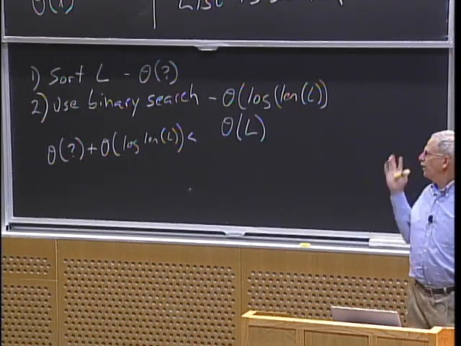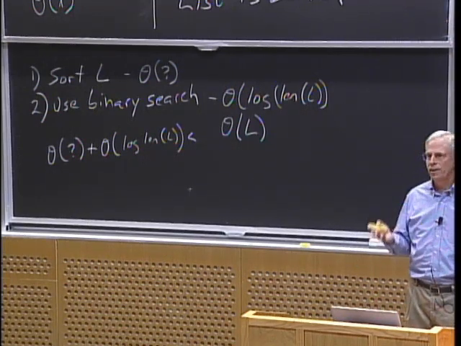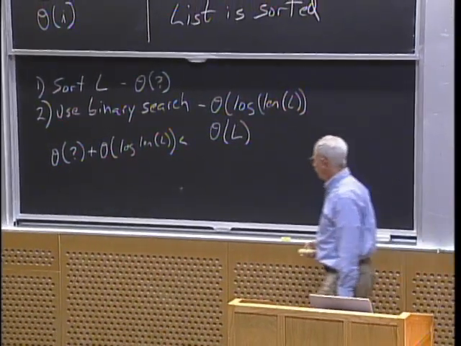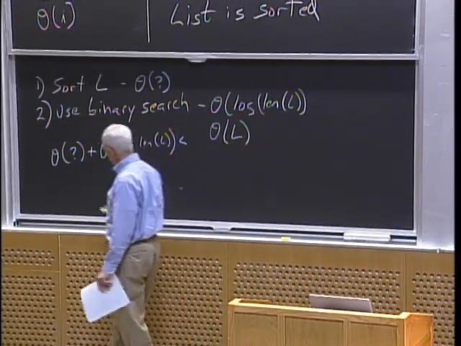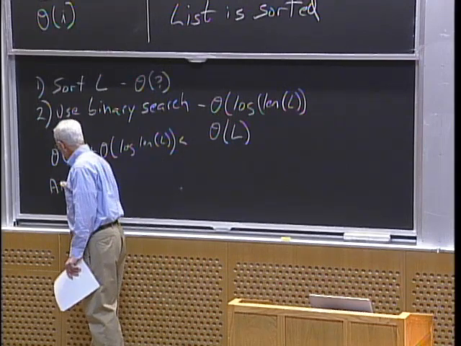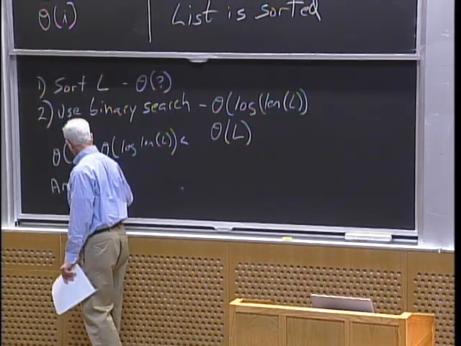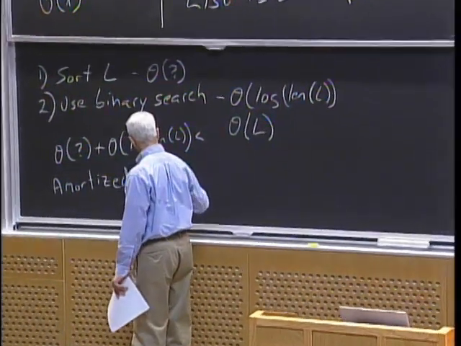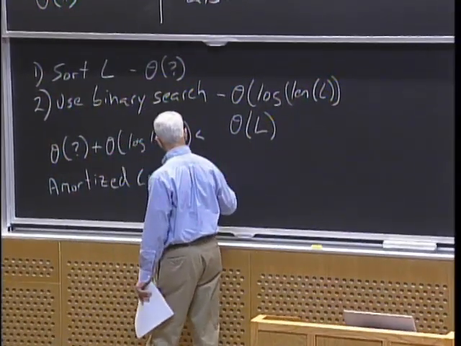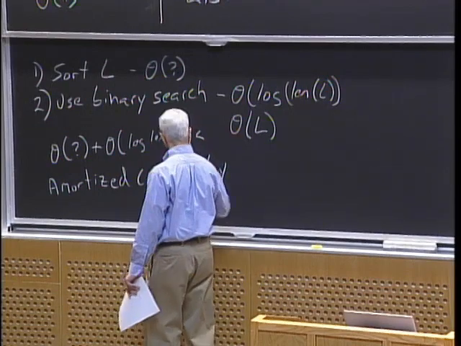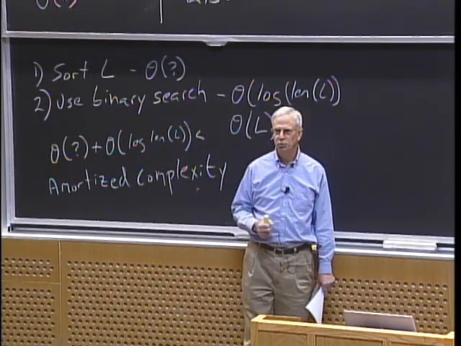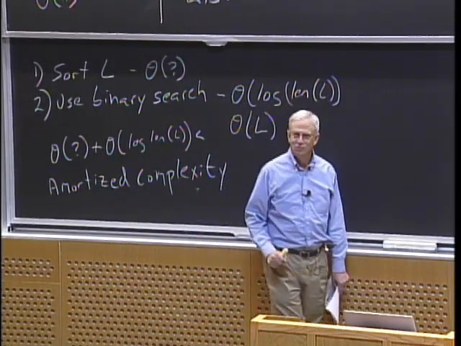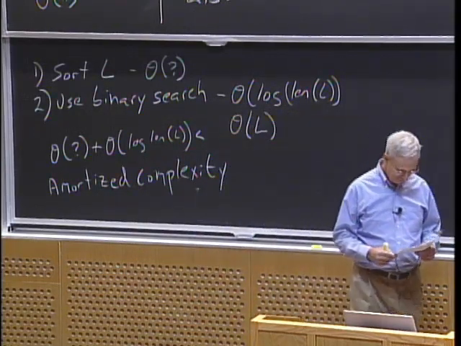All right, so why do we care? If this is true, why are we interested in things like binary search at all? The reason is we're often interested in something called amortized complexity. I know that there are some Course 15 students in the class who will know what amortization means, but maybe not everybody does.